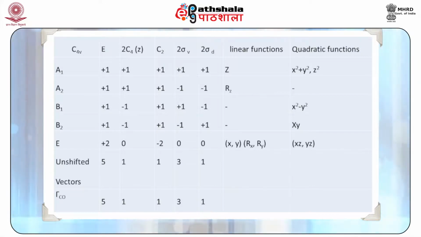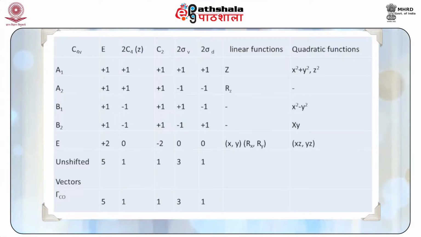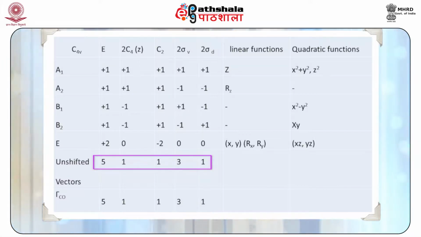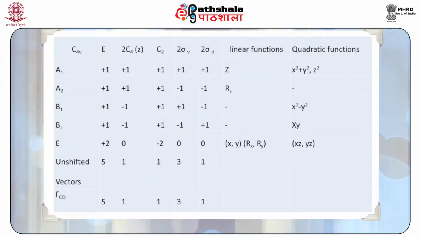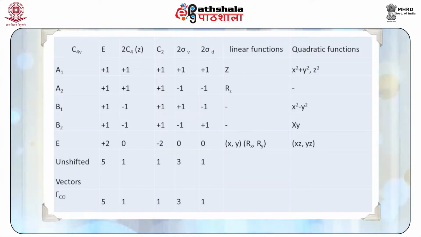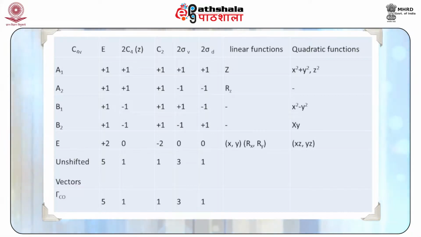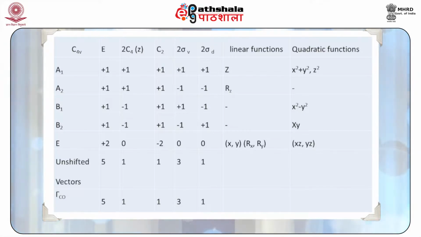Now, in this C4v character table, the unshifted vectors, that is the last but one row, are 5, 1, 1, 3, 1. Under the operation E, all 5 vectors are not shifted. Under C4, only the axial bond vector is not shifted. Under C2, coinciding with C4, again 1 is not shifted.